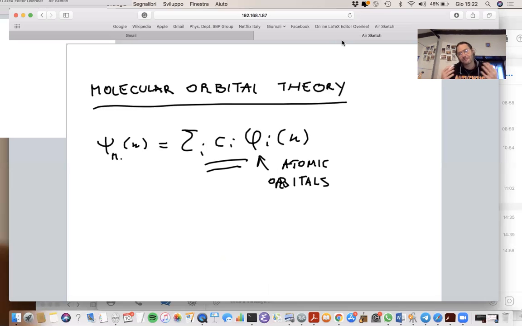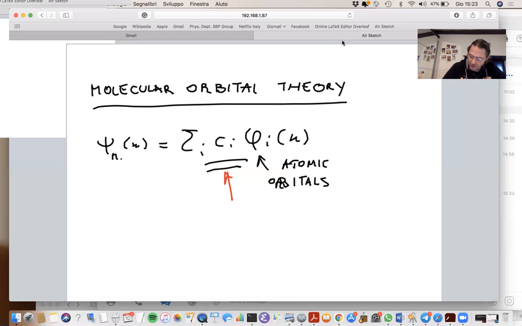That is, write this as a postulate, calculate the expectation values of the energy given these linear combinations, and then perform a variational optimization of the coefficients, which basically amounts to saying, I'll find the best combination of orbitals, the best wave function restricted to the subspace of the Hilbert space of functions that are constructed out of linear combinations of atomic orbitals.